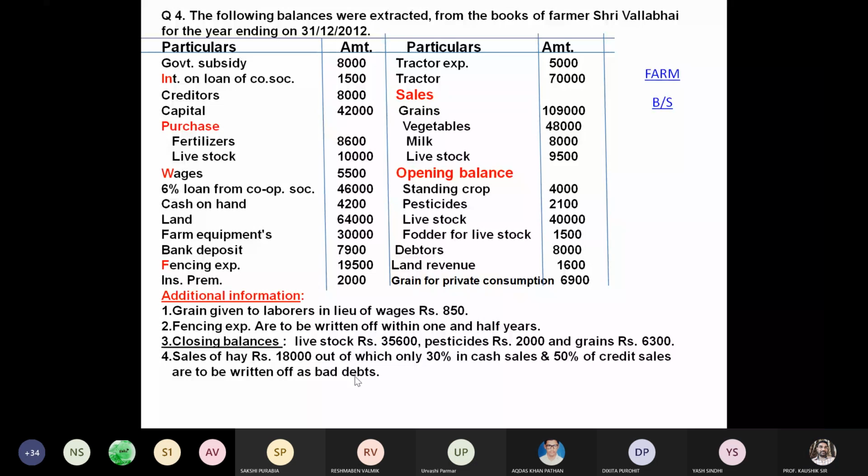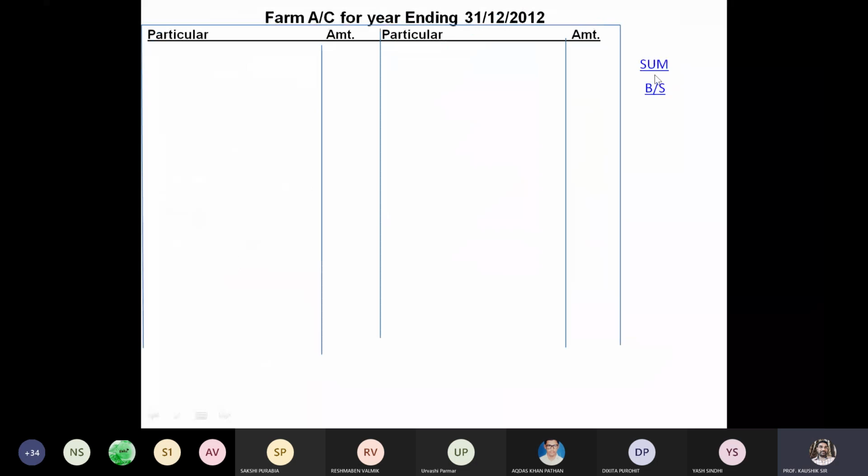Okay. So start writing. Let me know if the slide is changing or not. So farm account. Here is the farm account. Start writing.